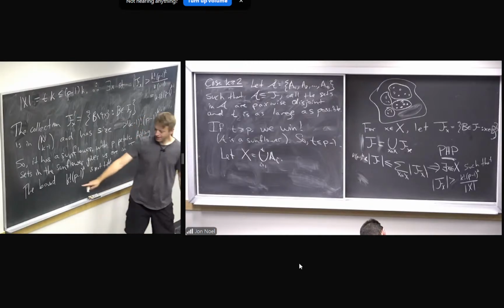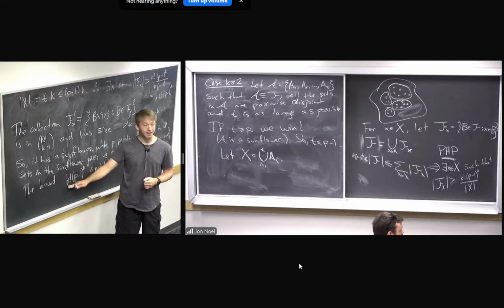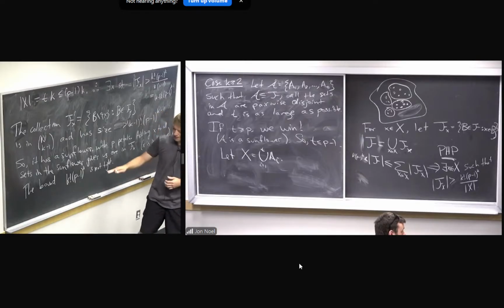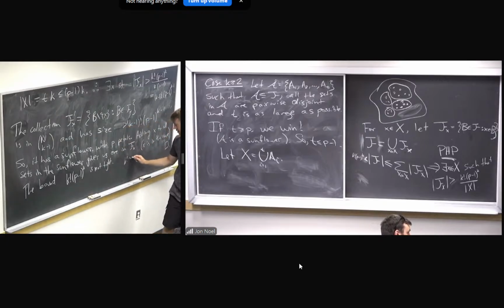In particular, people are generally skeptical about this kind of dependence on k factorial here. If you know Stirling's approximation, k factorial is something like root 2 pi k times (k over e) to the k.